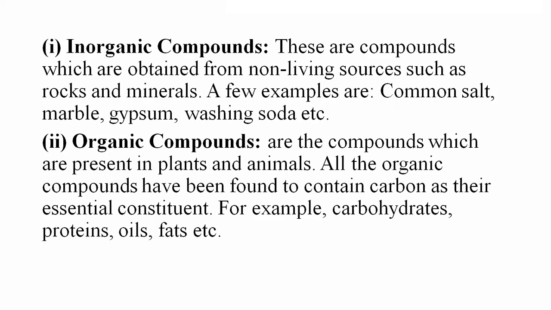The DNA and RNA, that is the nucleic acids present in the human body, which are responsible for the transfer of hereditary characters from one generation to another, are nothing but organic compounds. The vitamins which are required for the growth of the human body, what are they? Organic compounds. So to understand, the organic compounds are those which are obtained from living sources, that is plants and animals, and the inorganic compounds are those which are obtained from non-living sources, that is rocks and minerals.